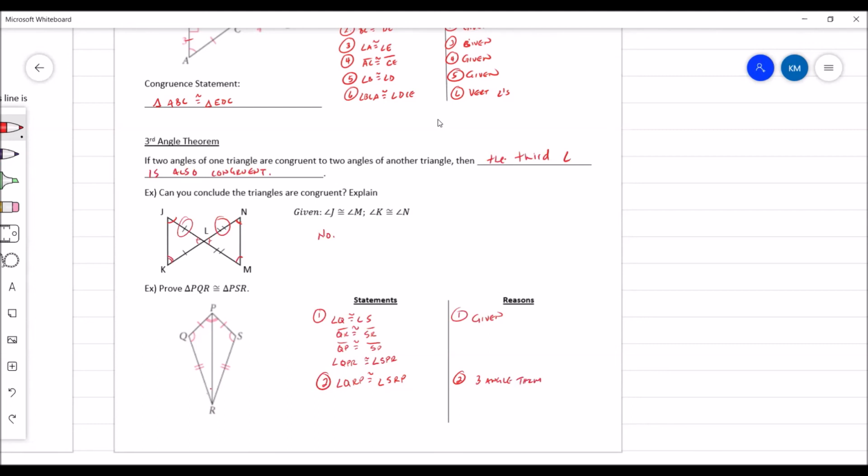And so now I can mark that in my diagram because that is going to help me to notice when I have everything done. And then finally, I can say that PR is congruent to PR. Yeah, it's the same. And why can I say that PR is congruent to PR? Well, everything has to be congruent to itself, and that's also known as the reflexive property.